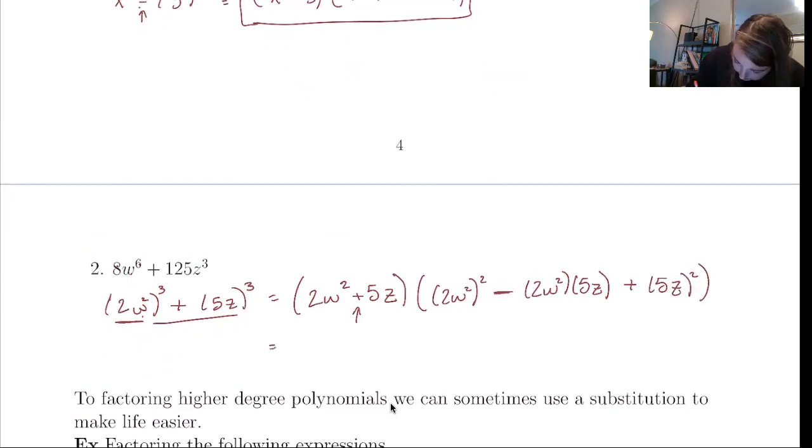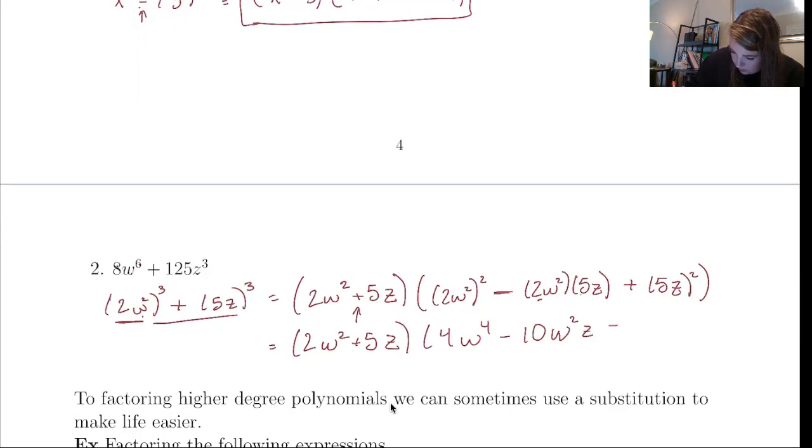And then I can go ahead and clean it up a little bit. So 2 squared is 4, and that would be w to the 4th, minus 2 times 5 is 10, w squared times z, plus 25z squared.